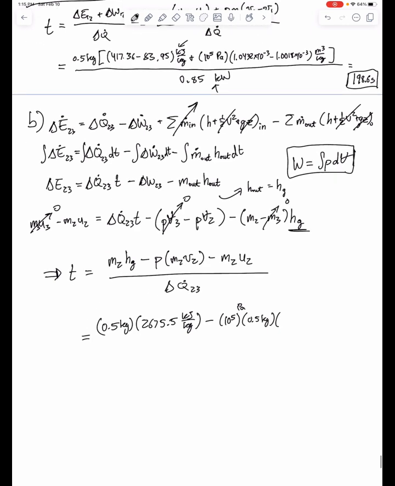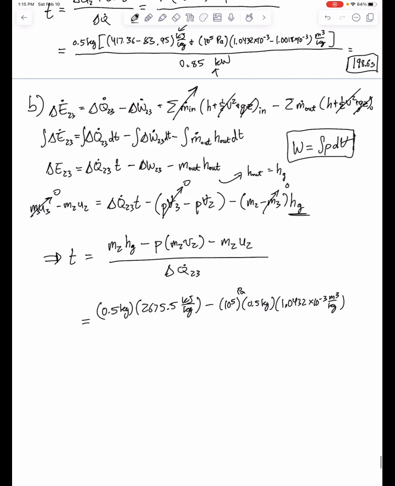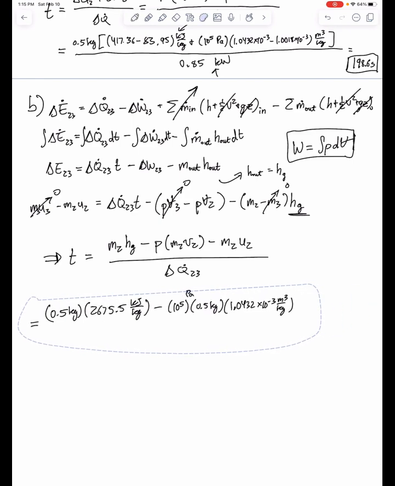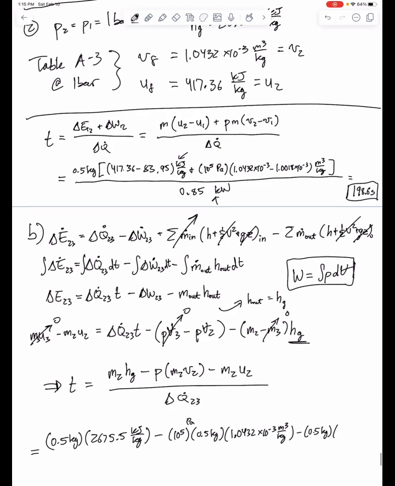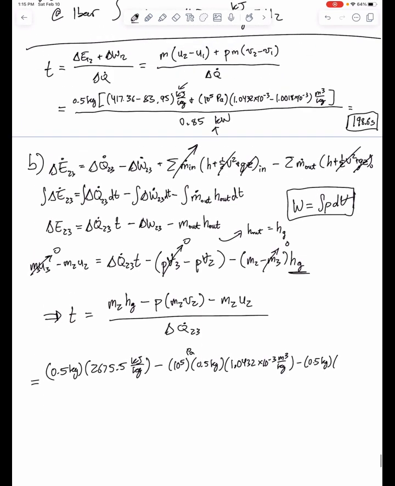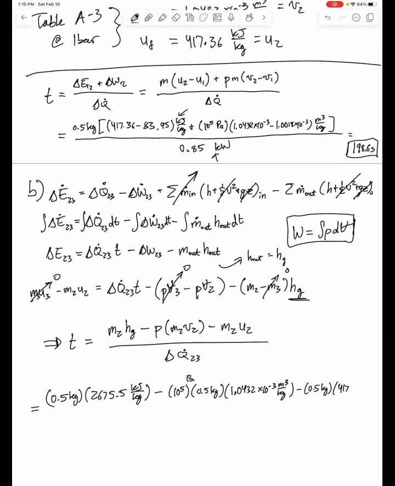Specific volume. They want to be very specific, get it? And then, I guess that's fine. Oh, I should have factored out the mass like last time. U2 is 417.36.